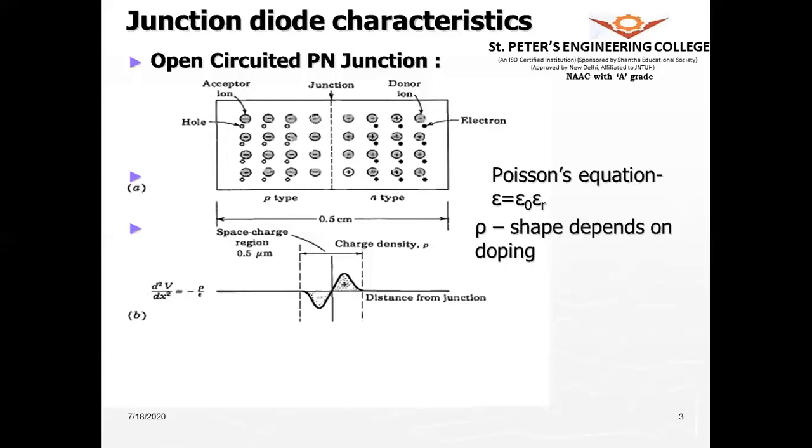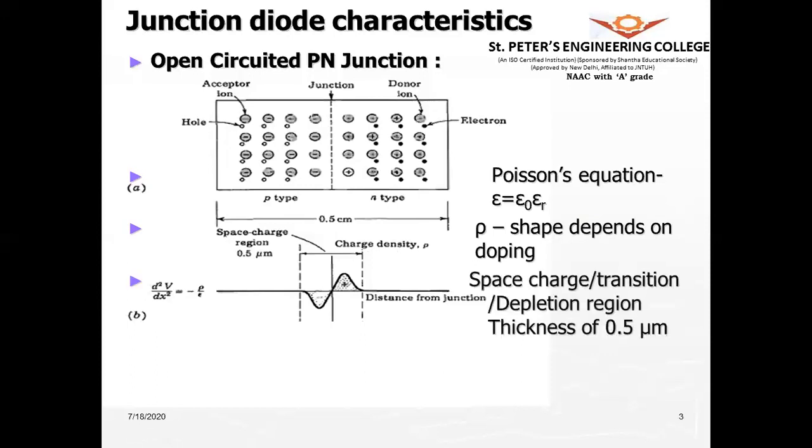The charge density, or the space charge density rho, depends upon the doping concentration, the doping level also. If they are heavily doped, then it will be different, and when it is lightly doped, it will be different. The space charge region is also called the transition region, or the depletion region, because there are no free charge carriers.